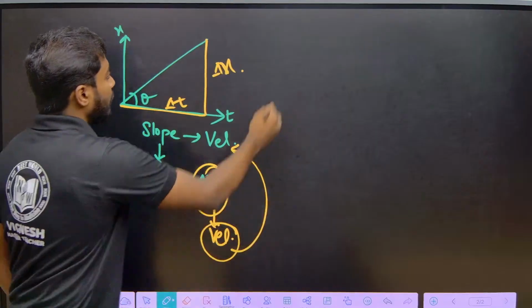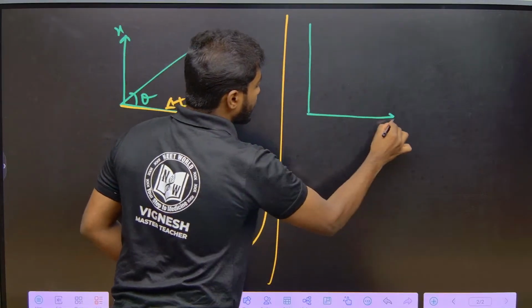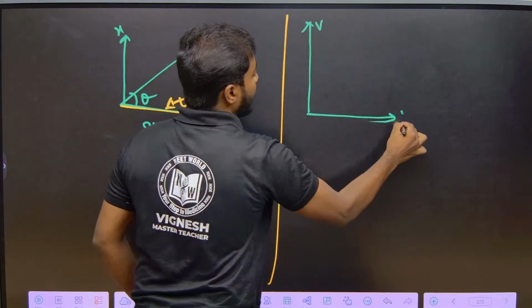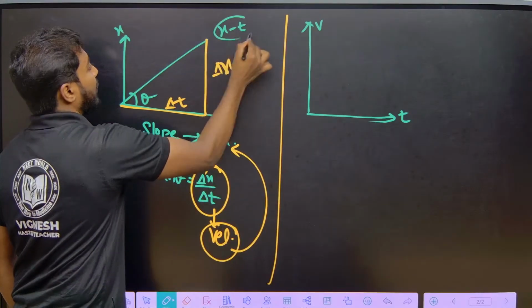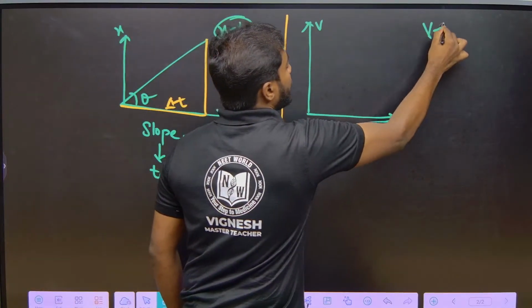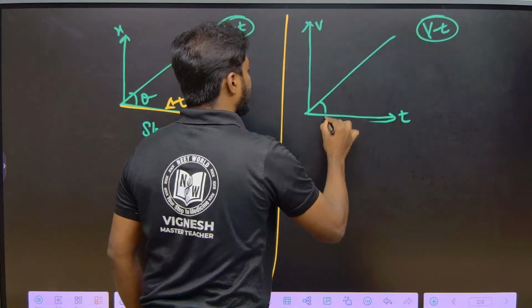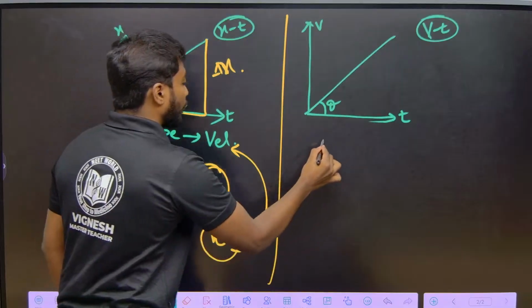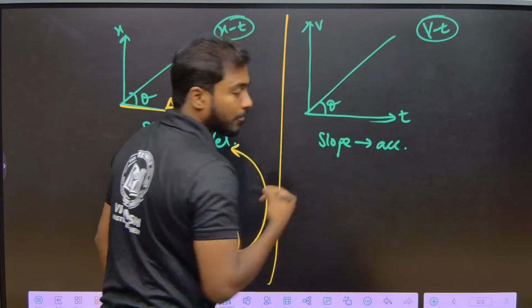So the second thing we have talked about is the v-t graph. This is the x-t graph, and this is the v-t graph. Now I have taken a line here. That's the thing we have seen. So the slope for this graph gives acceleration.